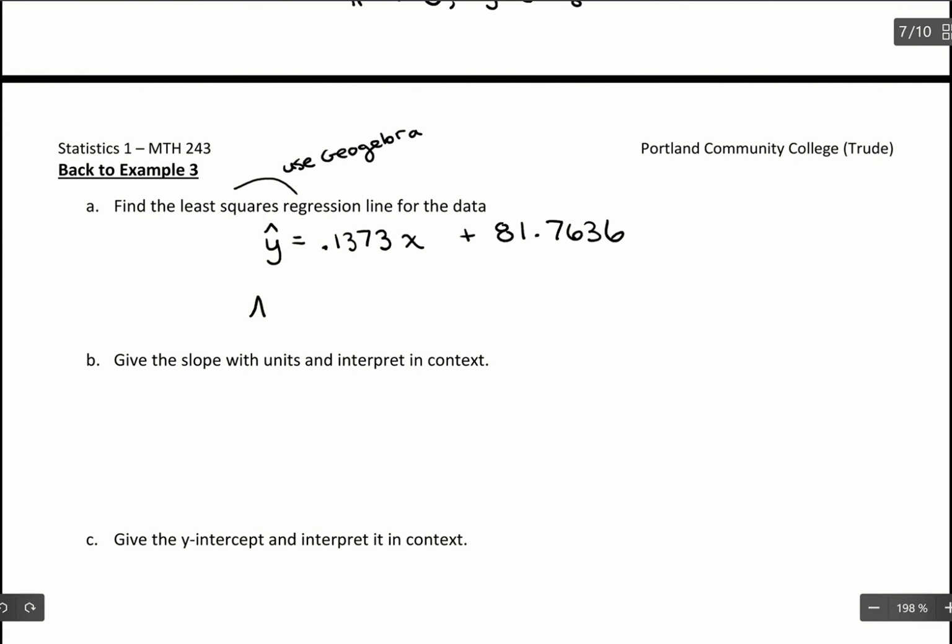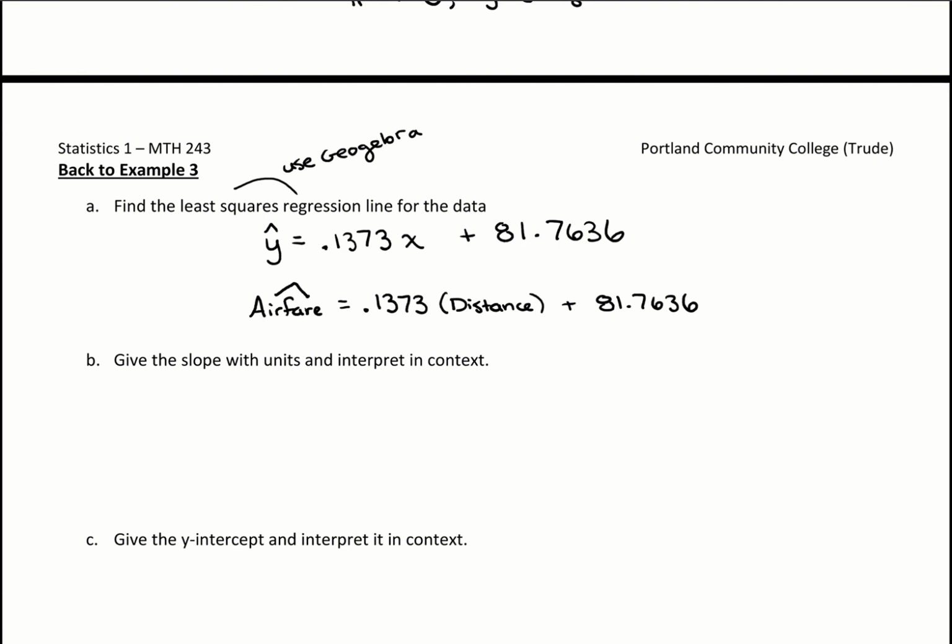Like this is predicting airfare. So you could say predicted airfare, you just need a little hat on top of that word, is 0.1373 times distance plus 81.7636. So this is a common form to use in linear regression, and it's nice because then when you get values, you know what to plug in where. So that's how you get your equation for the line.